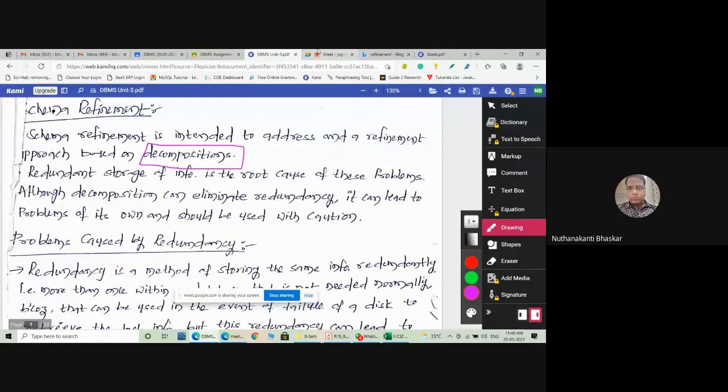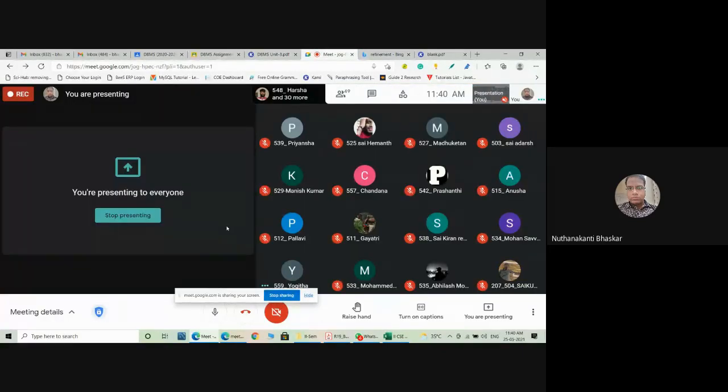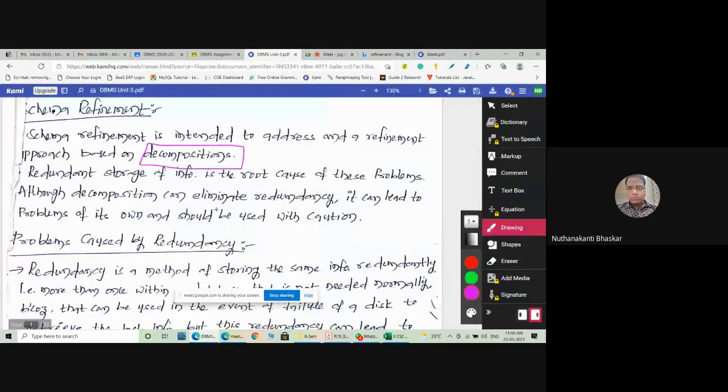Now we are going to refine the schema with the help of decomposition. Clear?